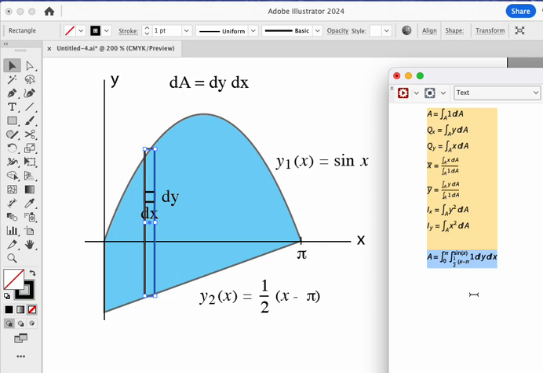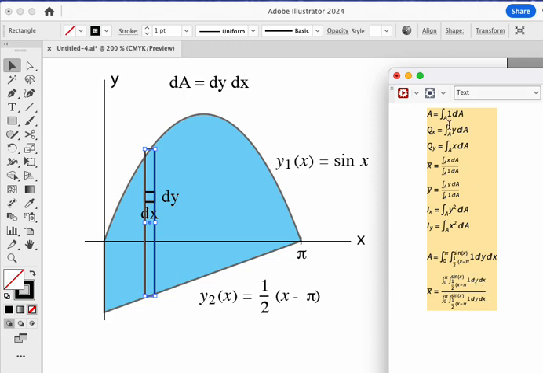If I want to do a different integral, I could do this qx guy, or let's just do this right here. Copy this guy, paste it down here. And all I'm going to do here is for each of those integrals, I'm just going to copy that and paste it in each spot.